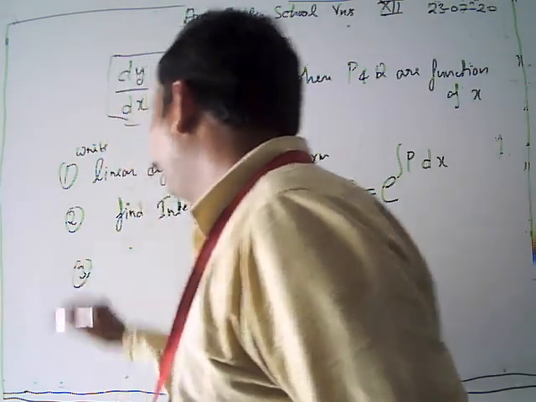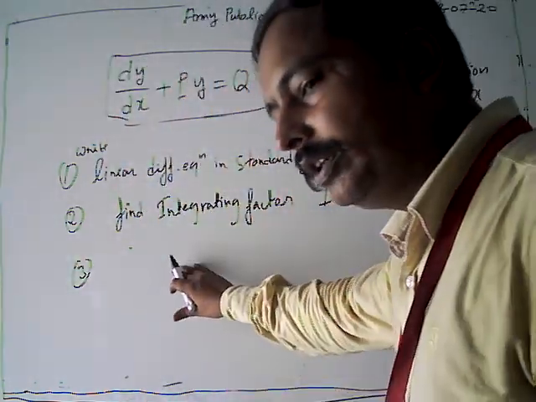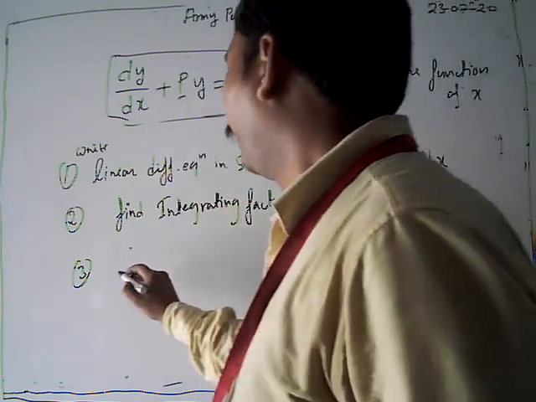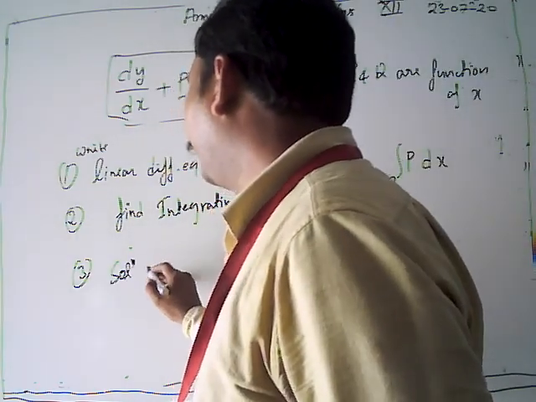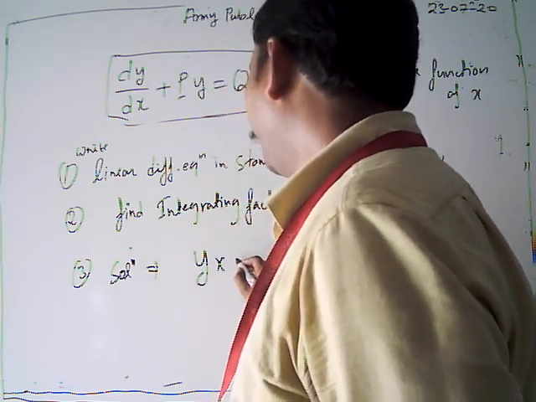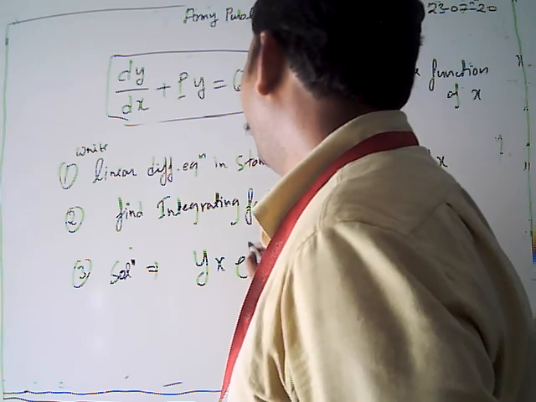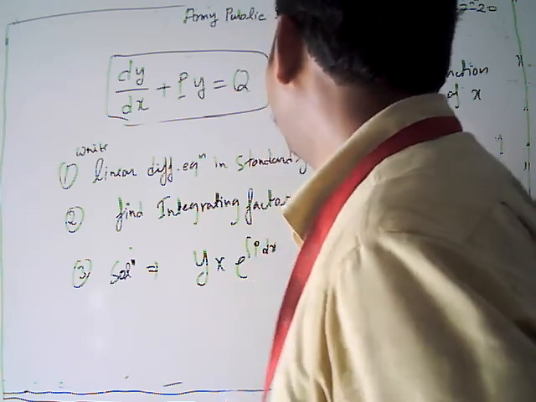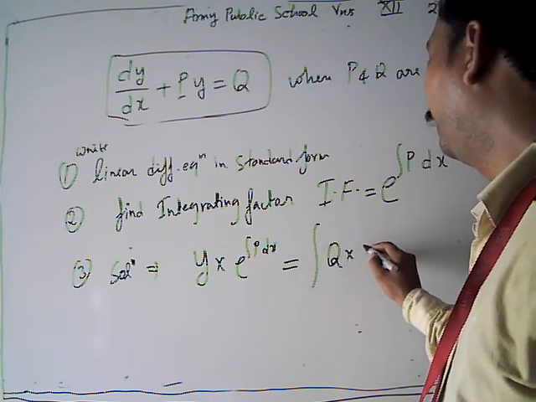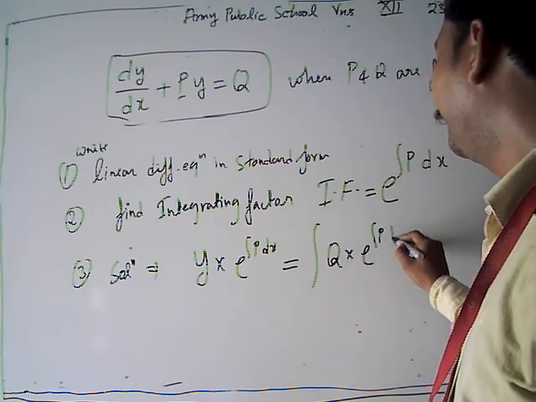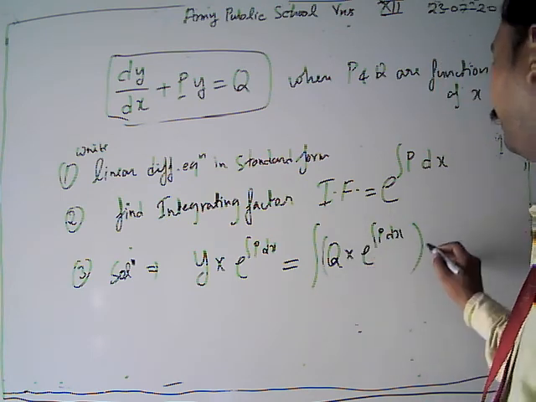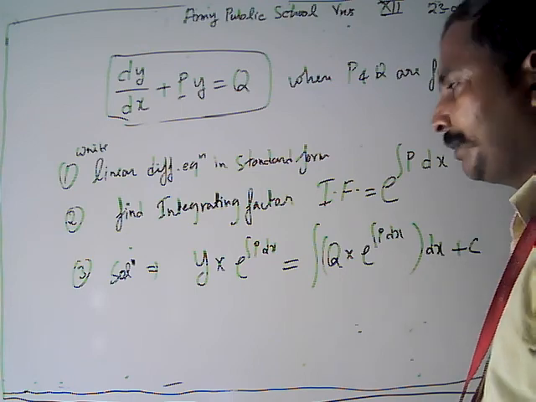And third, the solution for the standard linear differential equation dy/dx + py = q is given by y times e to the power integration of p dx, that is the integrating factor, equal to the integration of q times e to the power integration of p dx, that is q times the integrating factor, dx plus c.